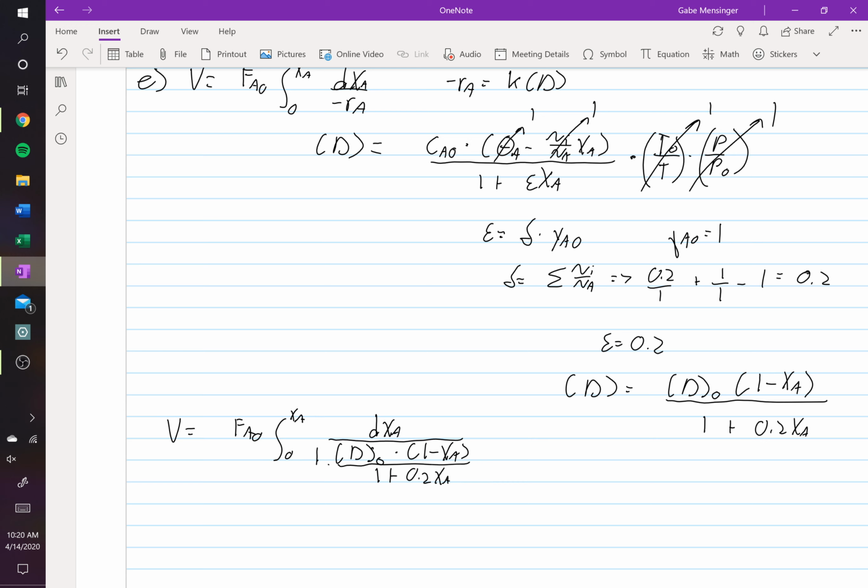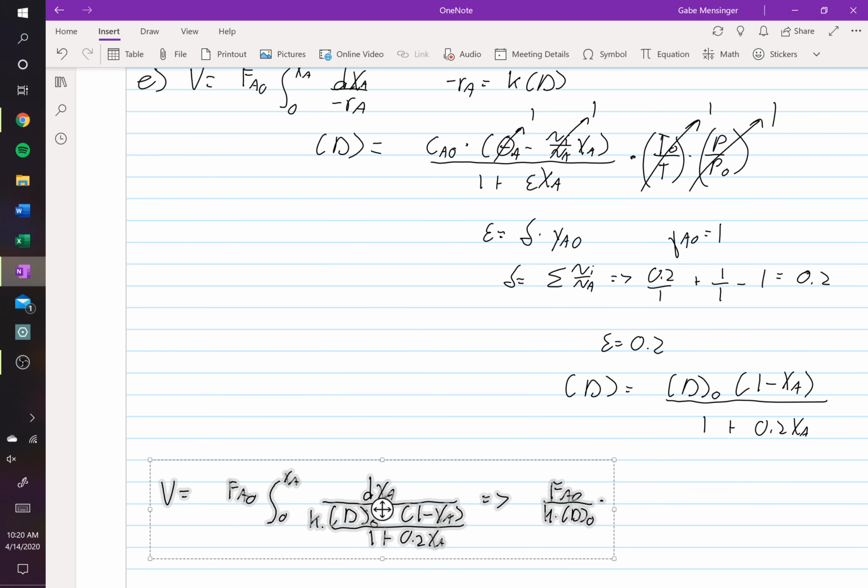That's just concentration. Remember, it's the whole reaction rate. So, rearranging some things. Let me move this down. I'm not very spatially intelligent.